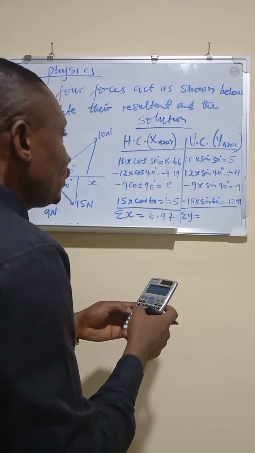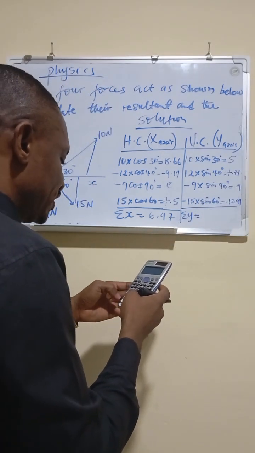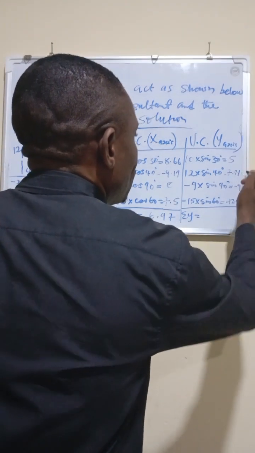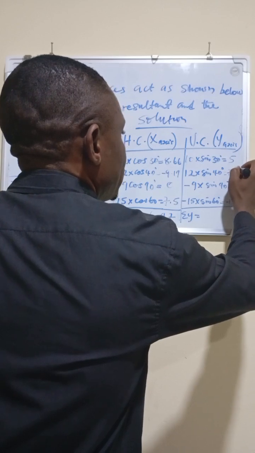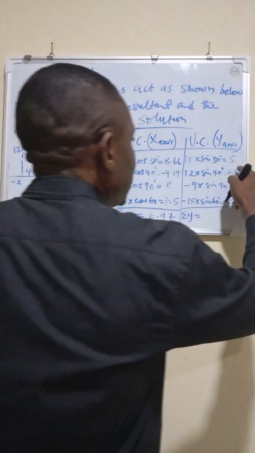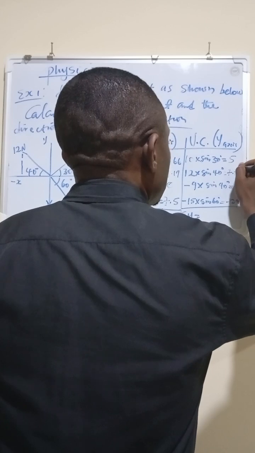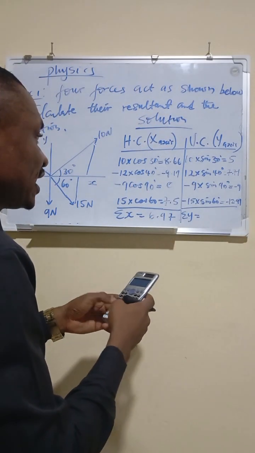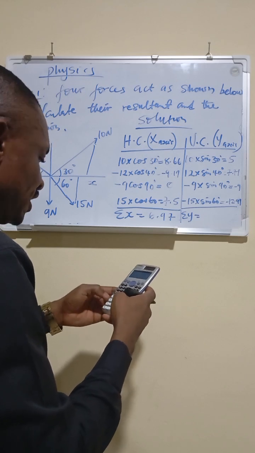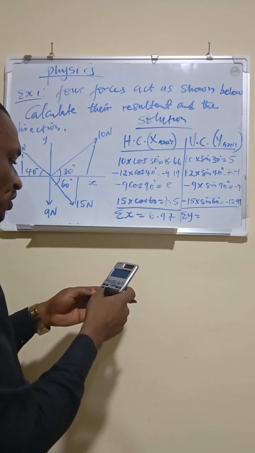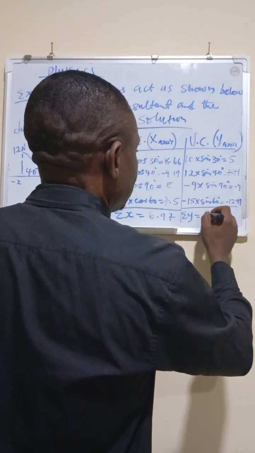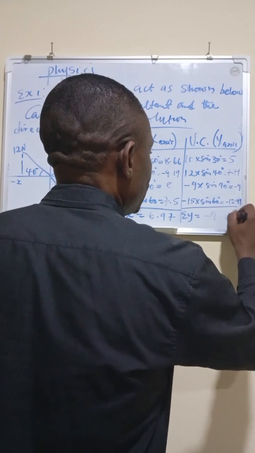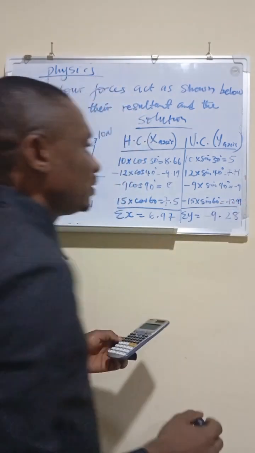Then we go to this side and get the summation of y. Press this. You will have 5 plus 7.71, minus 9, minus 12.99, to give me minus 9.28.